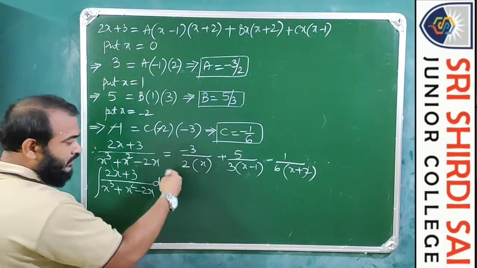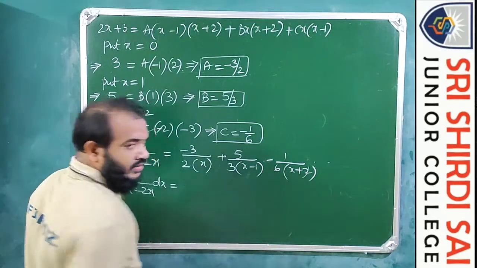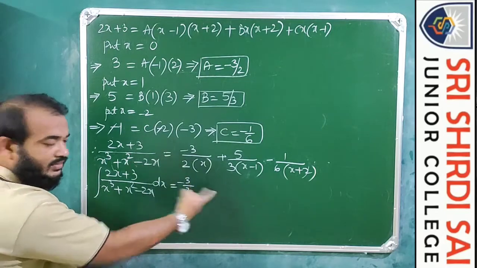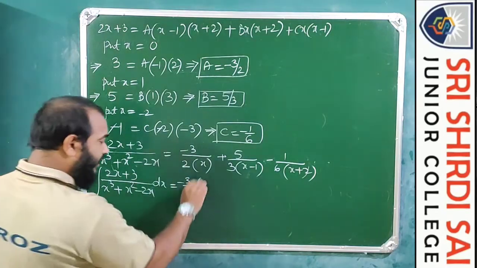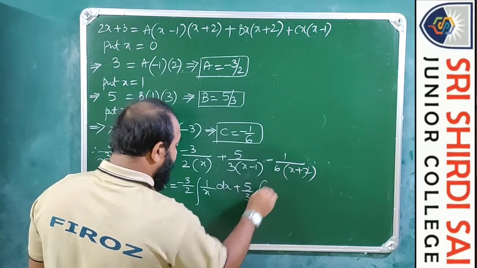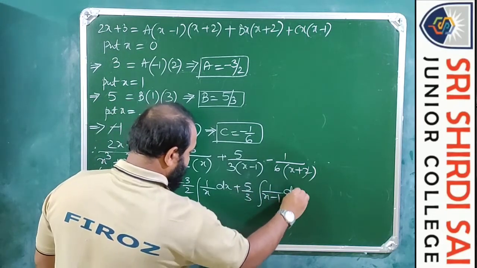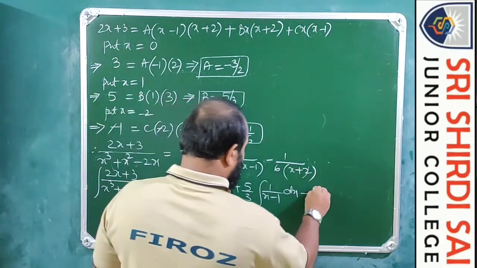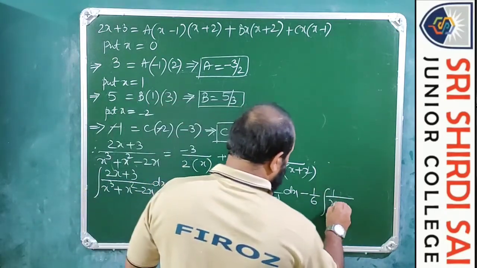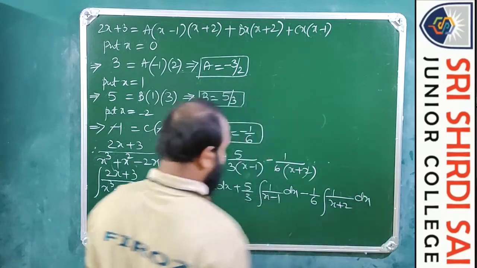If you split the integral for these three terms, minus 3 by 2, since it is a constant, I will separate it from the process of integration: integral 1 by x dx, plus 5 by 3 integral 1 by x minus 1 dx, minus 1 by 6 integral of 1 by x plus 2 dx.